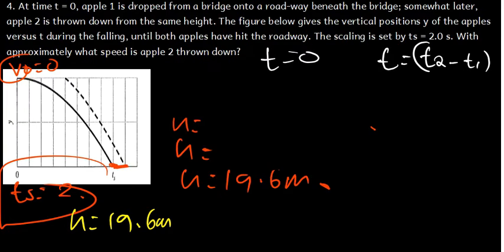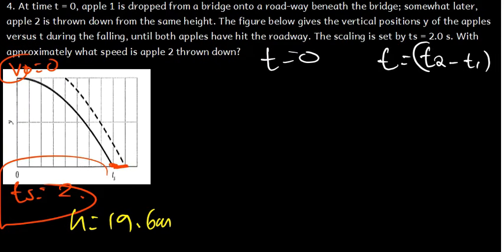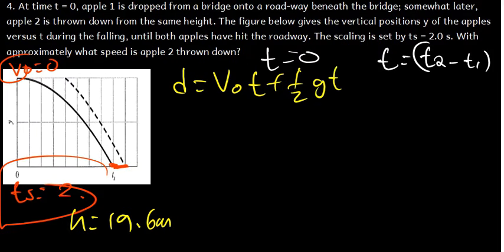Now for the equation for the second apple, the distance is equal to v initial times t plus half g t squared. In this case, we're trying to find this v, because we don't know this v.